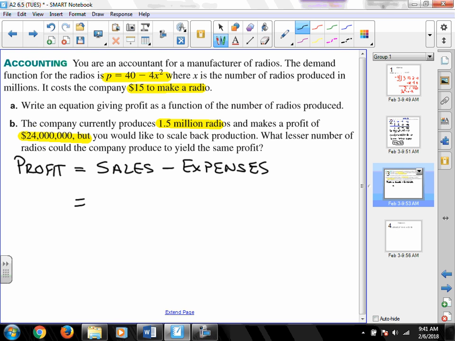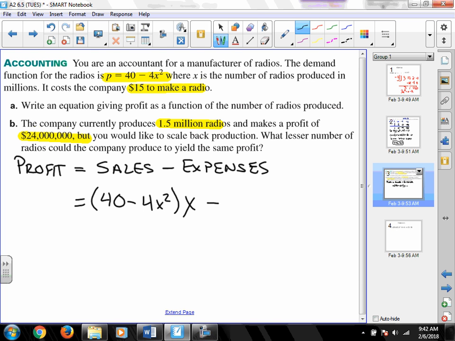We don't know how much we sell them for or how many we're going to produce. So to figure out our sales, it's going to go 40 minus 4x squared, that demand function, times the number of radios that we produce, or the number that we're going to sell.